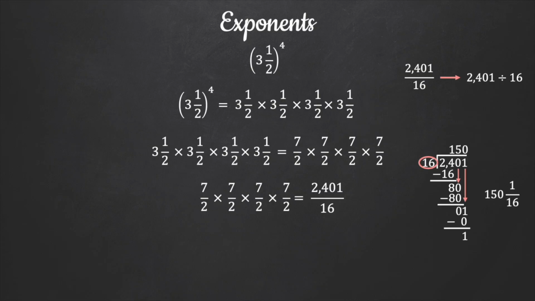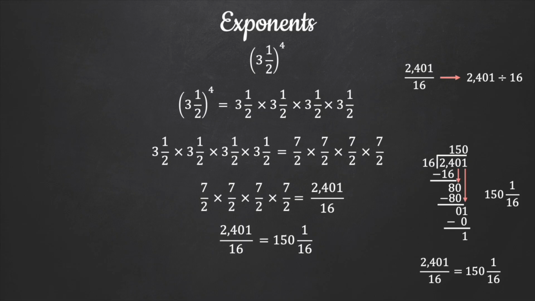So it's 1 out of 16. So that means that 2,401 over 16 is equal to 150 and 1 over 16. So 3.5 to the power 4 is equal to 150 and 1 over 16.